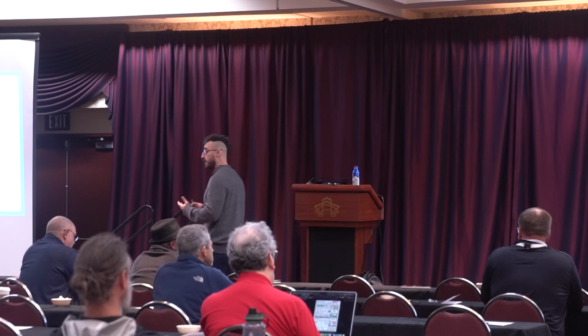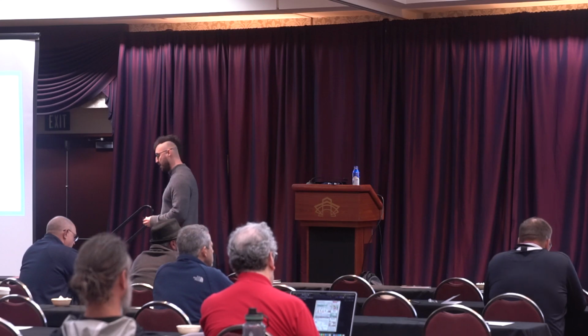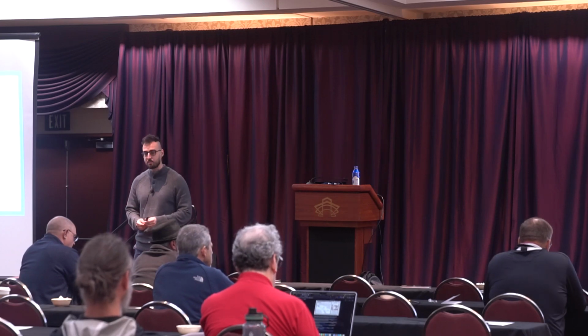Start with disaster recovery. What is it? This is my definition of a disaster. It is any event that results in a long-term and/or widespread IT service outage, and it may require operating at an alternative location. Any event.